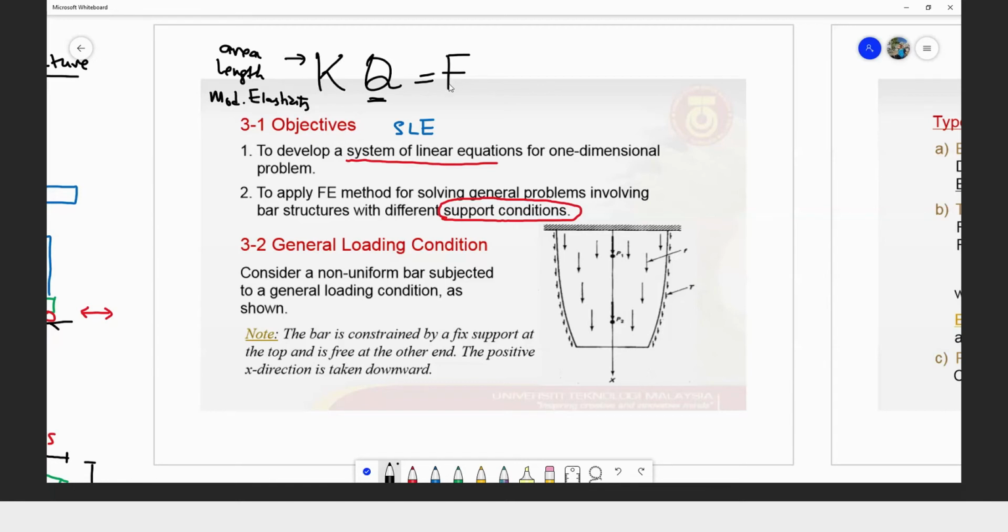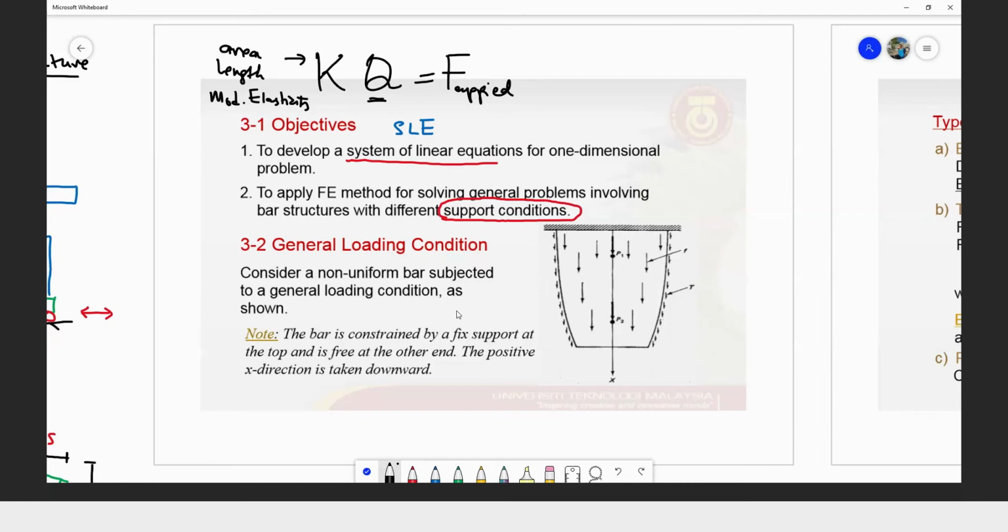F, which is applied, refers to the applied force or external load that is exerted on our structure. Then we supply it to the F vector. So that's why under this subtopic 3.2 we discuss this general loading condition.